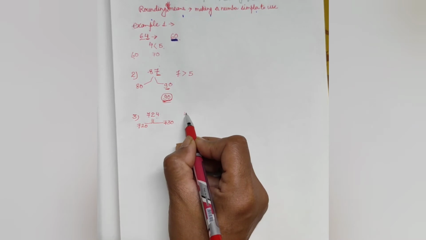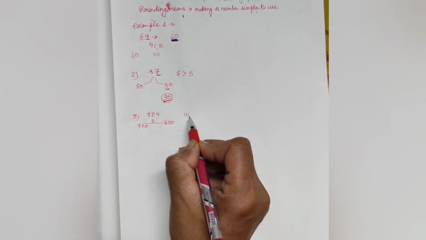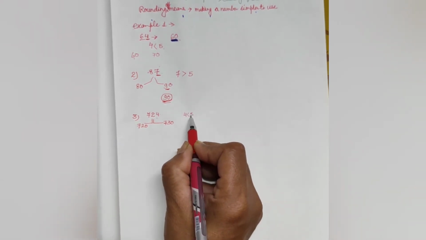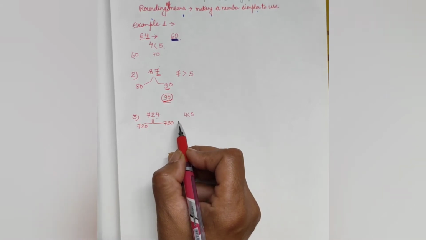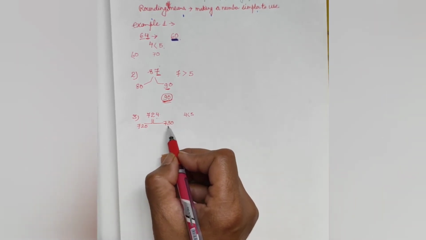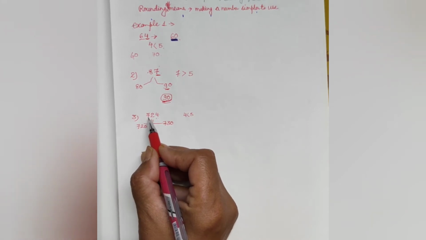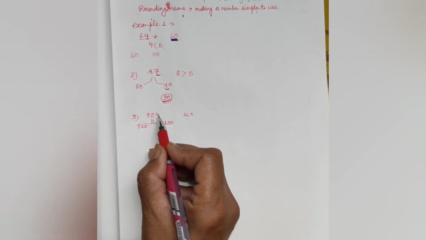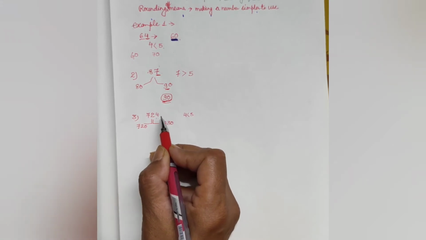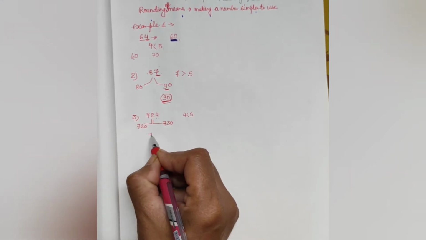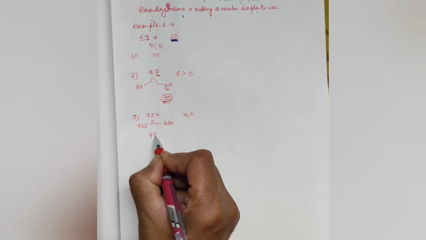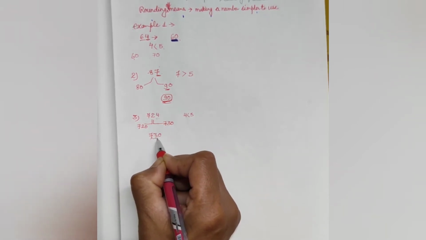If the ones place digit is less than 5, then we round off to the lower number. So 724 is rounded off to the nearest 10 is 720.